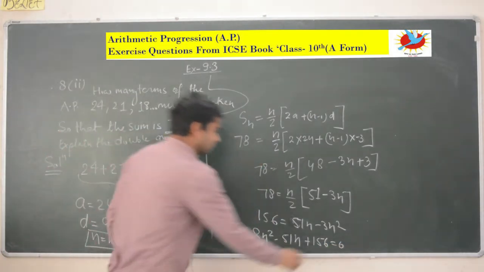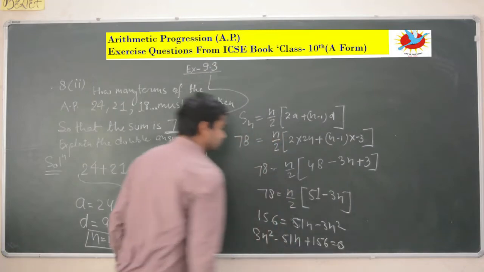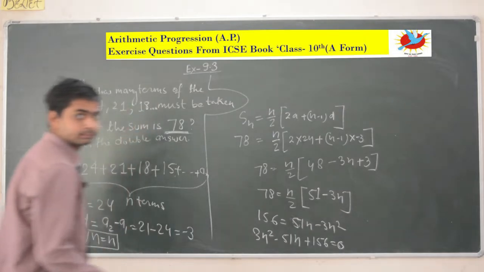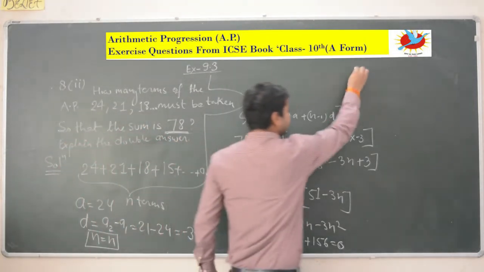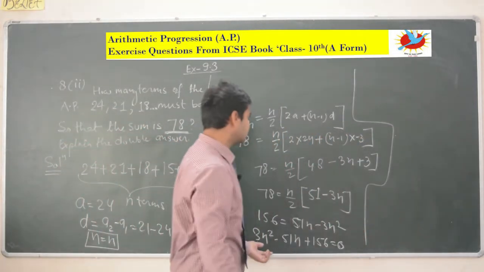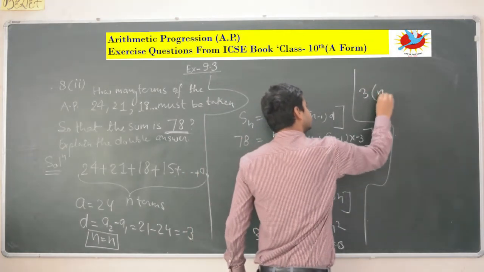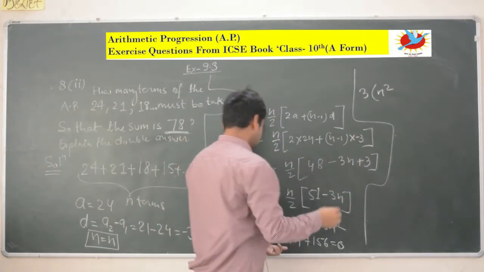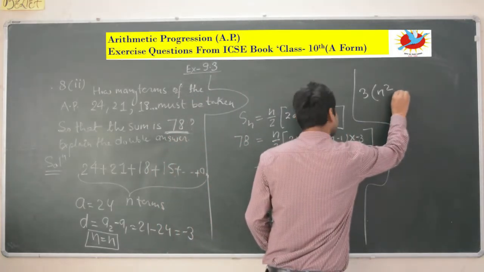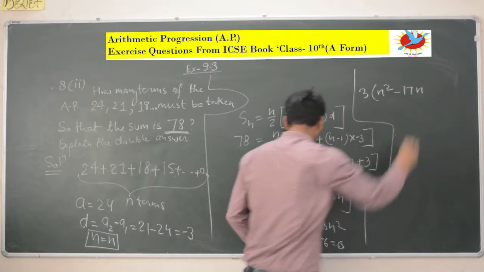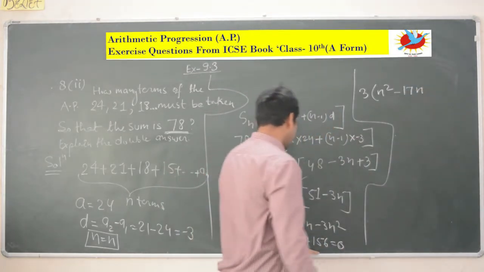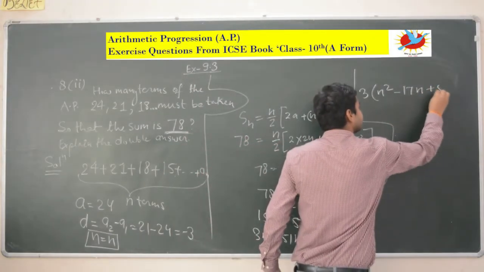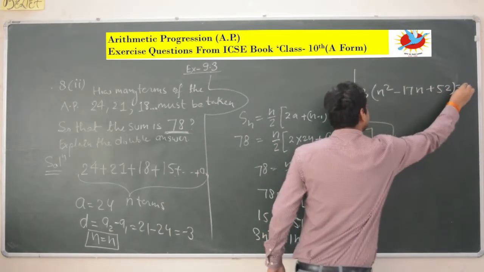Now we can take 3 as common. So it will be n square minus 17n, and here if we take 3 as common, we get plus 52 equal to 0.